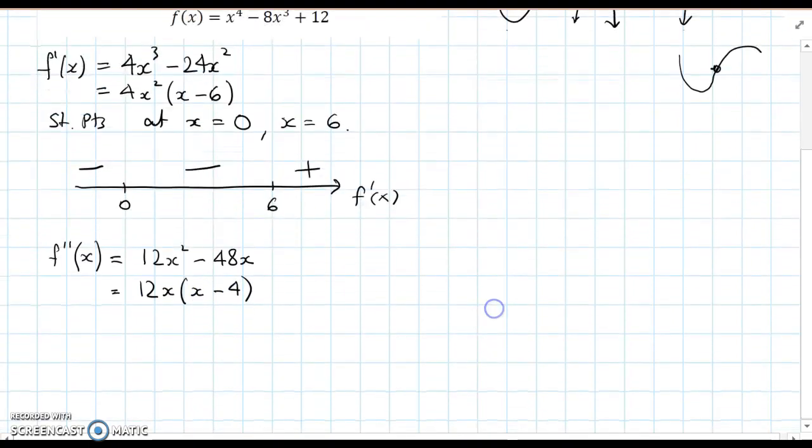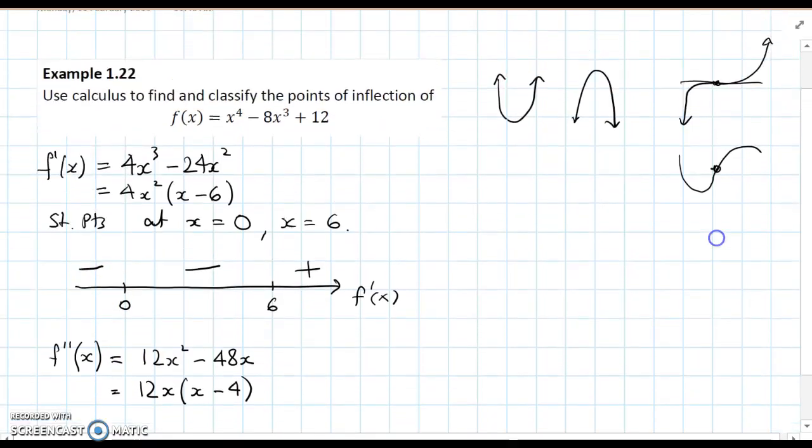So our second derivative sign diagram is going to have 2 points, one at x equals 0 and the other at x equals 4. And you can see I've tried to do those above each other so that these match and align with each other. So the 0 being a stationary point but also a point of inflection tells us it's going to be a stationary point of inflection similar to this top curve.